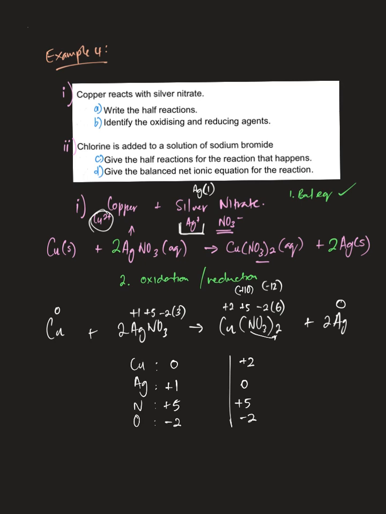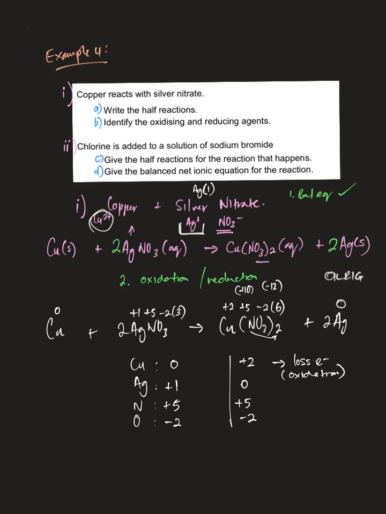So what I can see here is that my copper went from 0 to +2. The only way to do that is it had to have a loss of electrons. And if I have a loss of electrons, remember, OIL RIG, I've got oxidation.